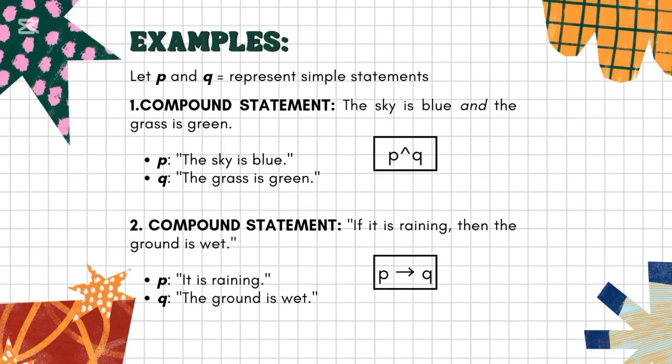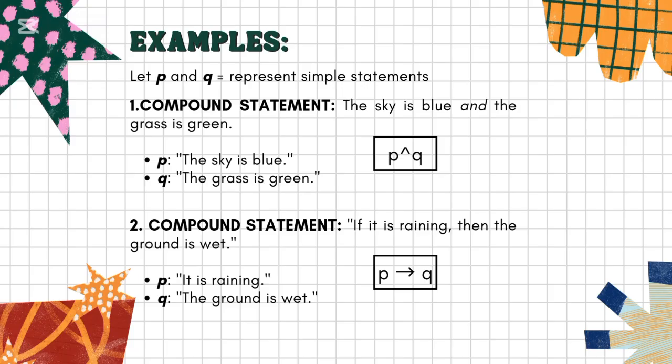So we have another example here, which is let P and Q represent the simple statements. In our previous example of a compound statement, the sky is blue and the grass is green, the first simple statement is the sky is blue, while the other simple statement used is the grass is green, which if we write in symbols results in this answer here, which is the conjunction.